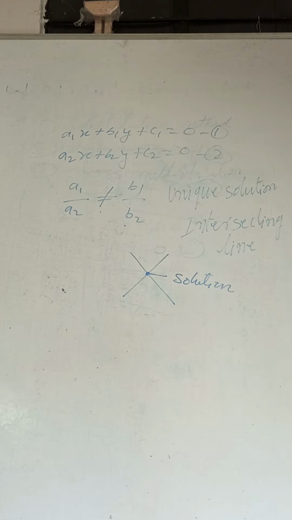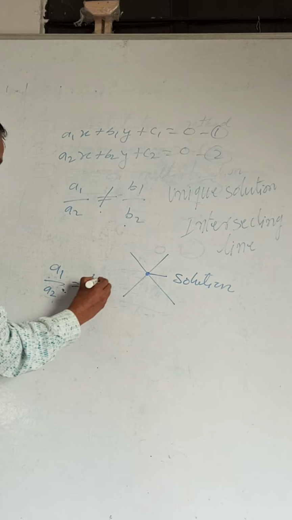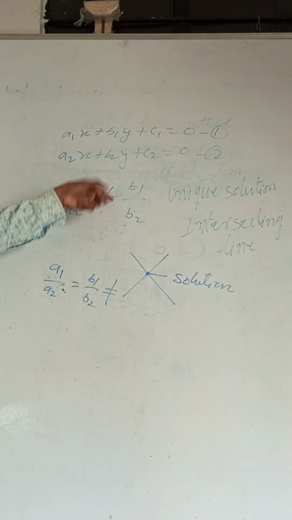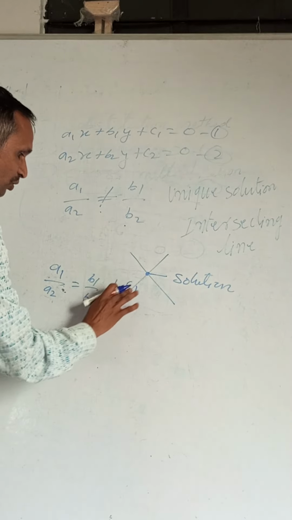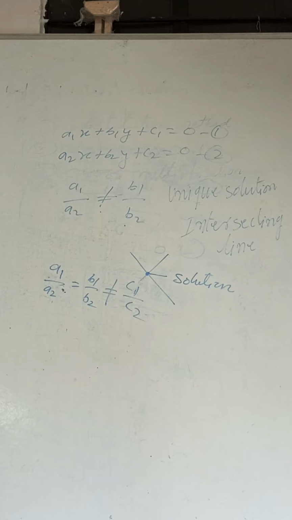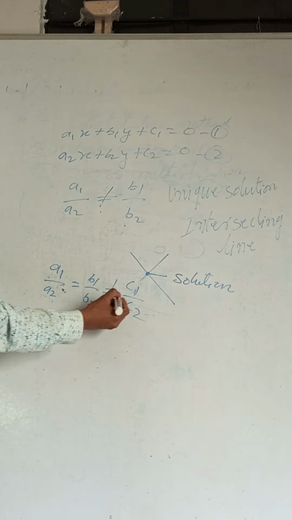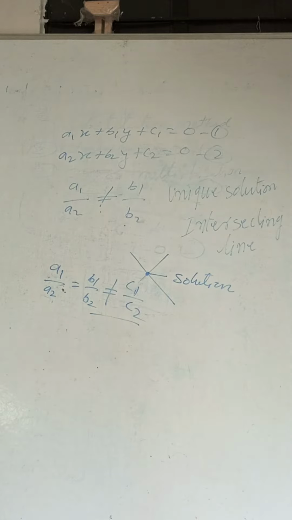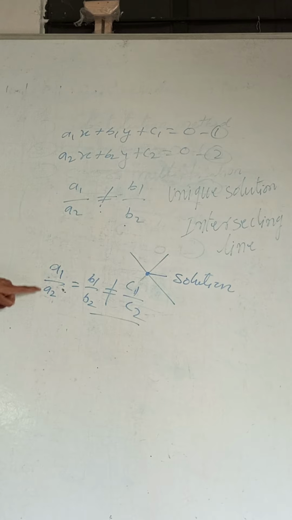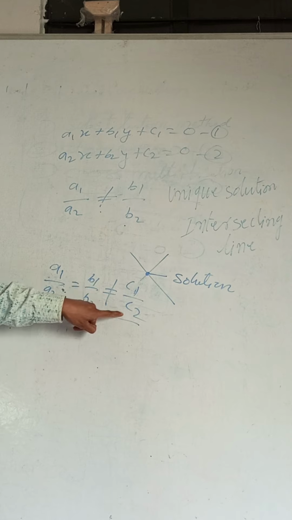by b2. Next, if a1 by a2 is equal to b1 by b2, but not equal to c1 by c2, that means a1 by a2 is equal to b1 by b2, but not equal to c1 by c2.